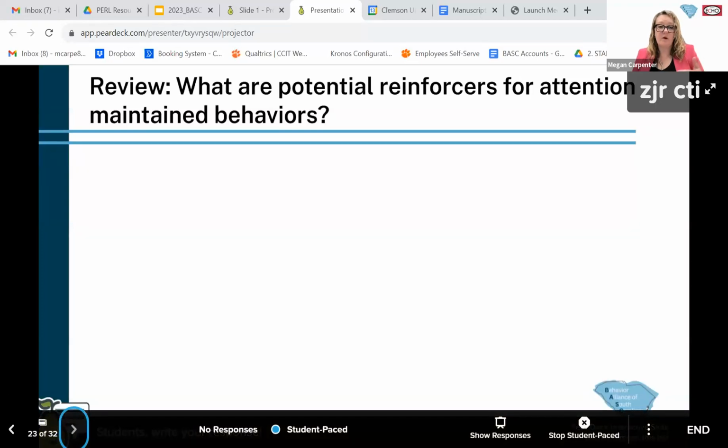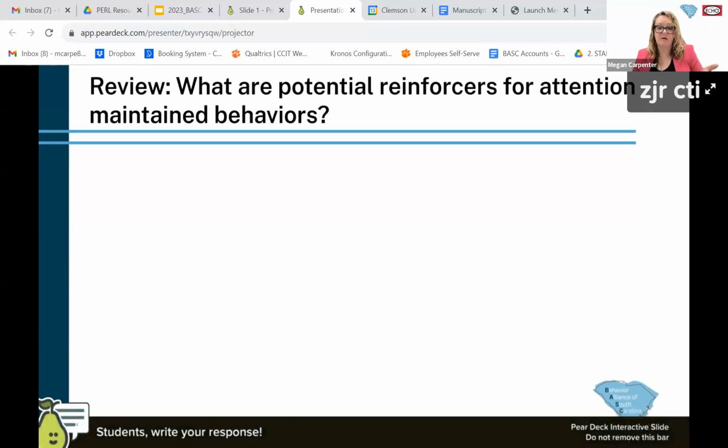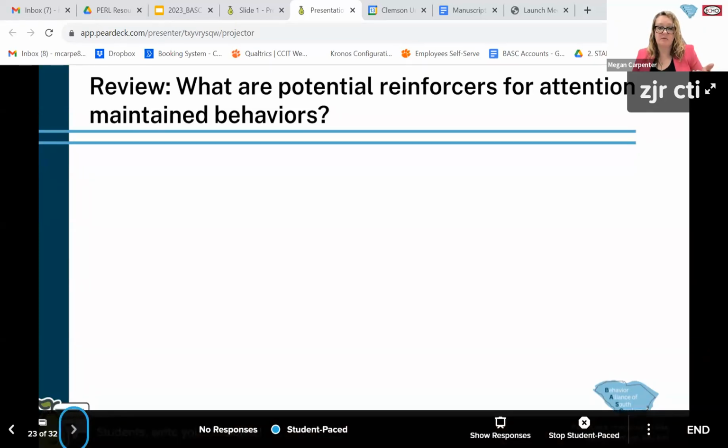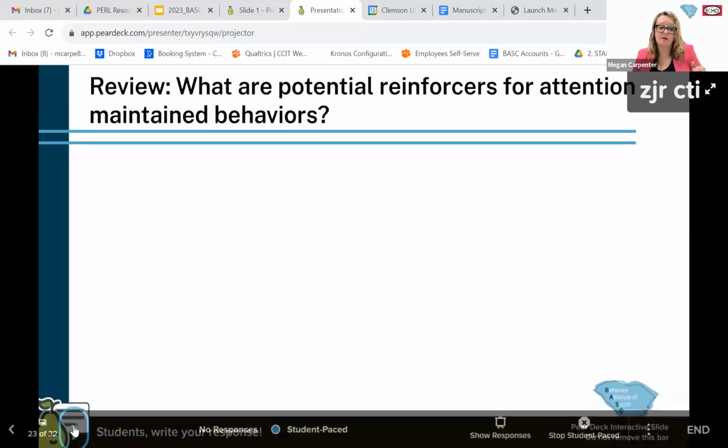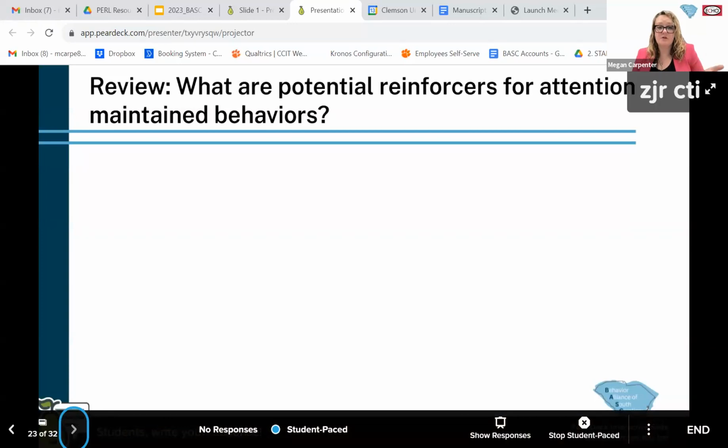So just go ahead and think, what are some potential reinforcers for attention maintained behavior? Remember, things like traditional point charts or extra computer time or tangibles a student can earn are not necessarily reinforcing for students who display attention maintained behaviors.